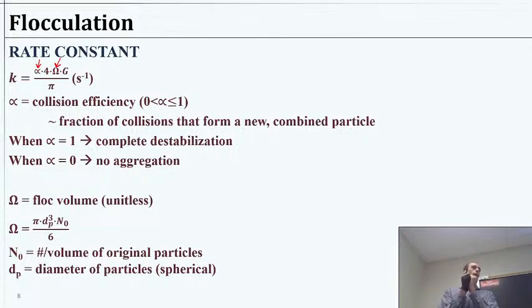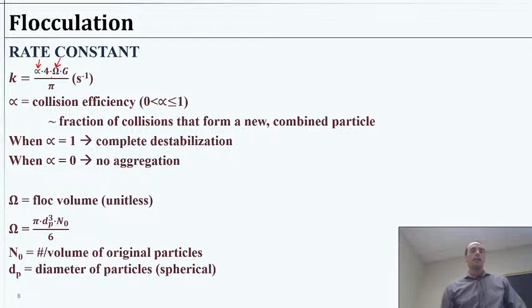So this is a ratio value that says, given 10 collisions, how often are they sticking together? If every 10 collisions you get 10 new aggregates, it's 100%, right? It's 1. If it only happens half the time, 5 out of the 10, then this alpha is 0.5. So this is just a fraction we can use to describe how well destabilized the particles are.